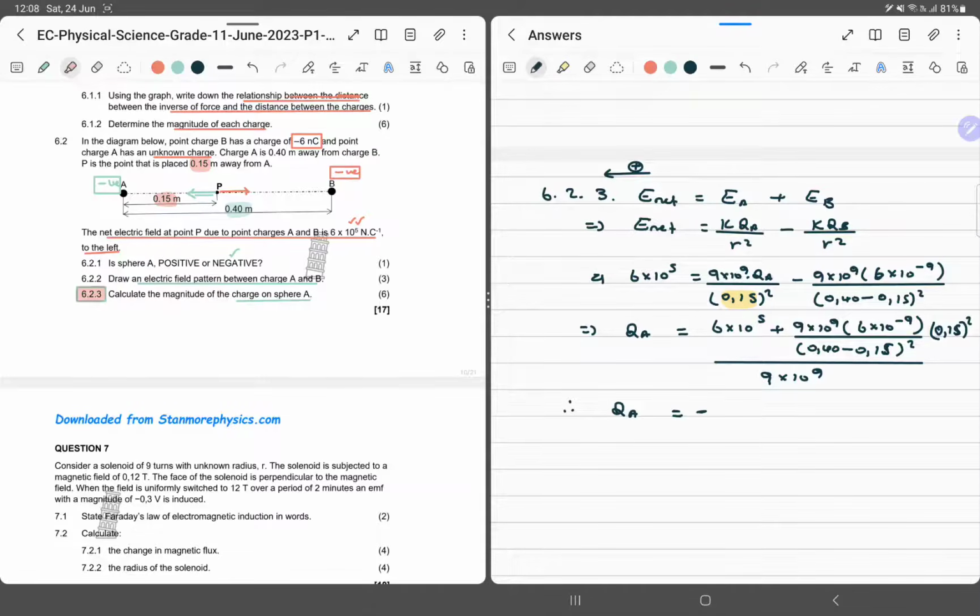Okay, so we start again. 6 times 10 to the 5 plus 9 times 10 to the 9 into 6 times 10 to the minus 9, divide by 0.40 minus 0.15 squared. Then we get an answer, and then we multiply this answer by 0.15 squared first, and then we divide by 9 times 10 to the 9.